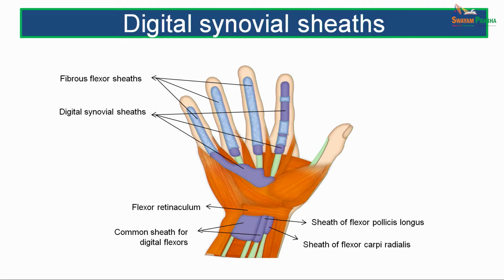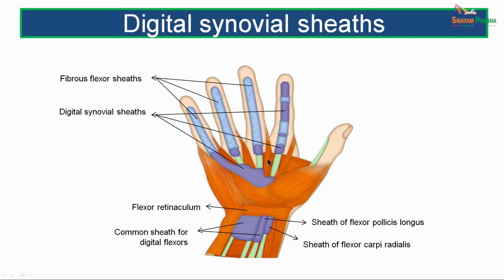These are nothing but synovial sheaths which cover the tendons which are going towards the digits. Proximally, we see them as a common sheath for the digital flexors. Laterally, we see the sheath for the flexor pollicis longus and the sheath for the flexor carpi radialis.